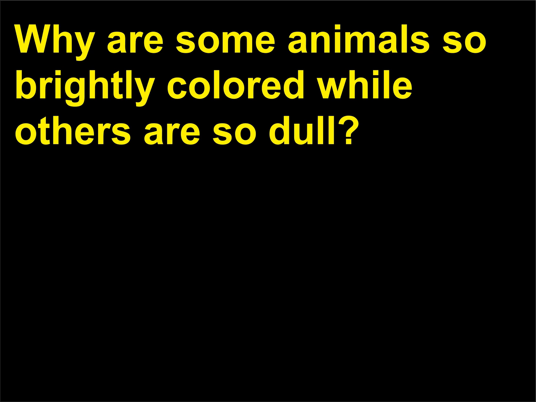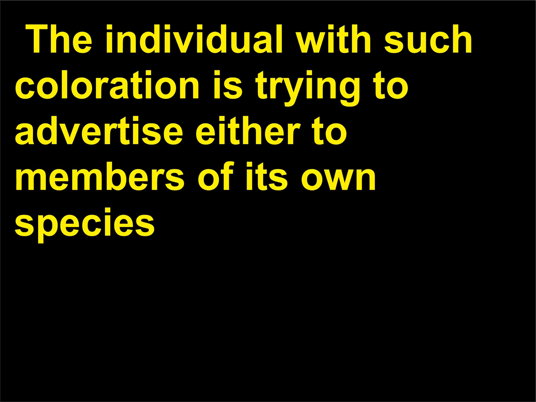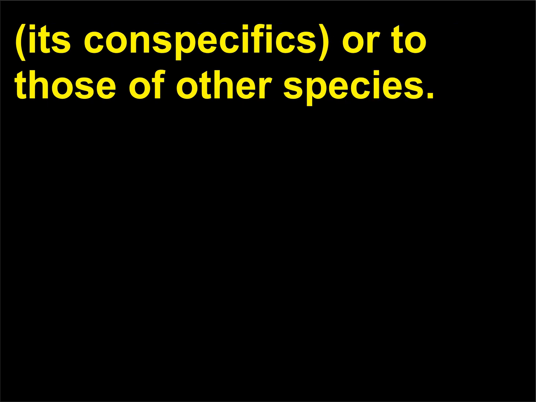Why are some animals so brightly colored while others are so dull? There are two general functions of bright coloration. The individual with such coloration is trying to advertise either to members of its own species, its conspecifics, or to those of other species.